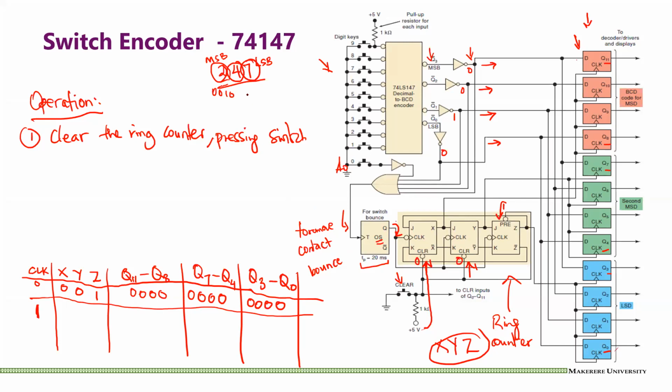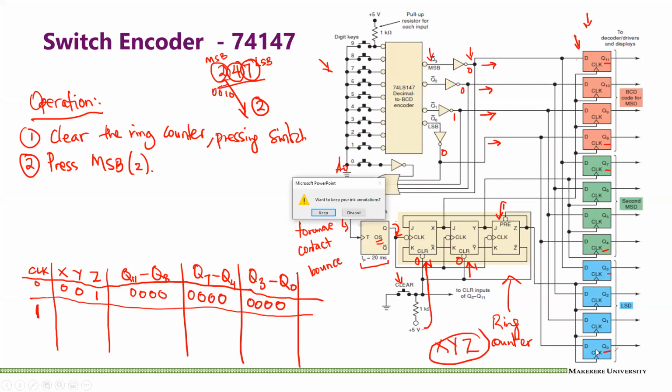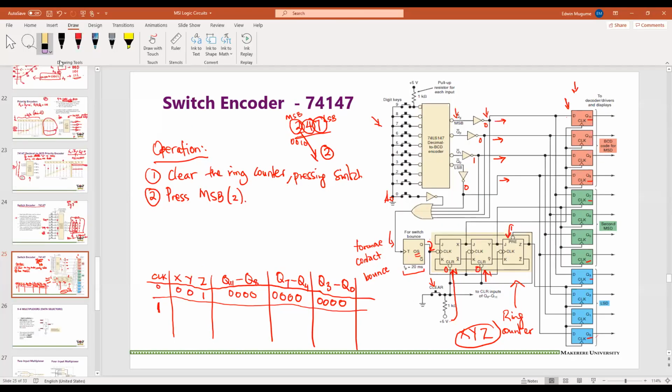So let us assume that, for instance, we have pressed 2. As I said, we usually press 2. Now, number 2 is the most significant bit, in this case 2. I need to keep this low so that I can continue.